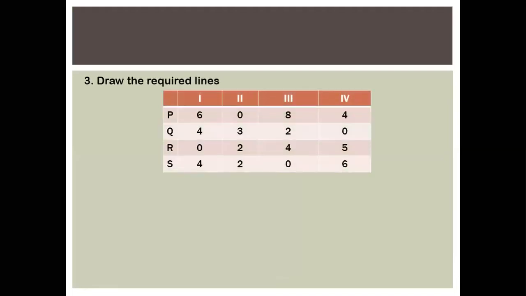The third step is to draw the required lines. Does anyone remember what was the technique I taught you all? In order to draw the lines, you have to check which row has got the maximum zeros. So first we'll start with the first row having 1 zero. In the second, there is again 1 zero. In the third, again 1 zero.